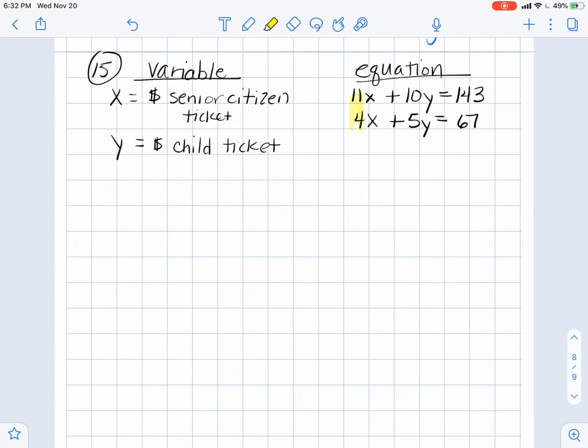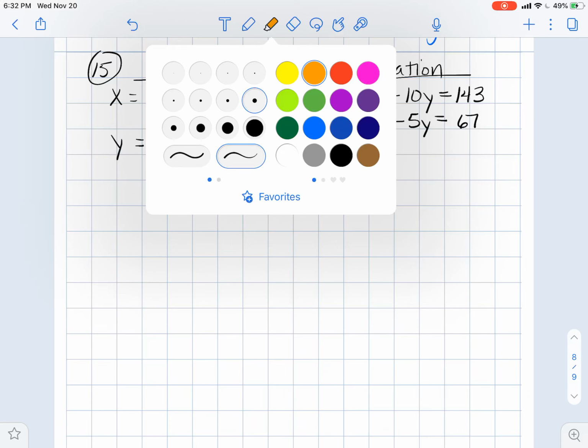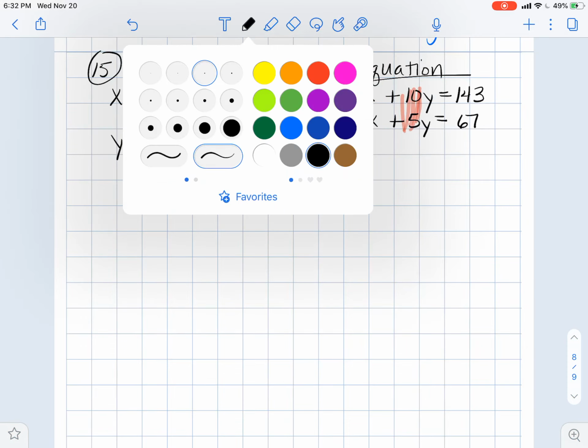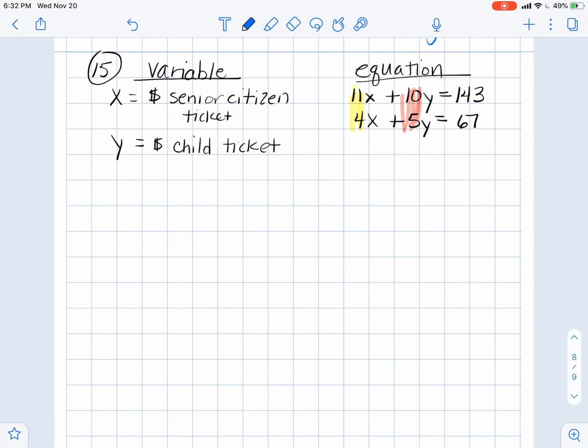So again, we're going to check our x's, check the y's, see if either one are the same. They're not. So would it be easier to make the x's the same or the y's?